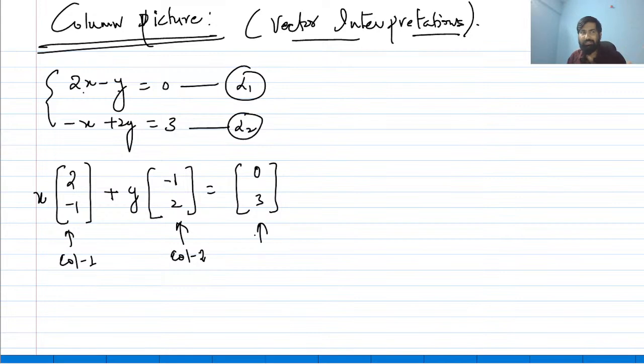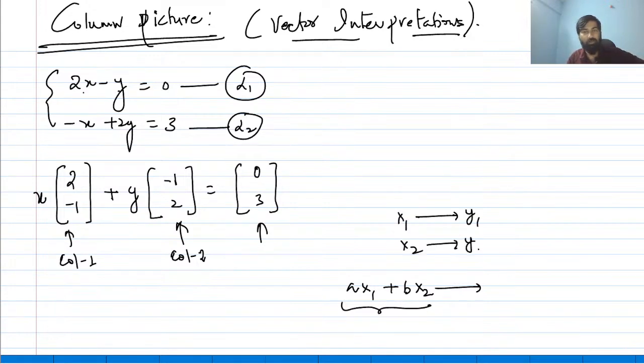So you know that if you take scalar constants, a multiplied with x1, b multiplied with x2, what is the meaning of this? Can somebody tell me what this is? In signals and systems you might have seen, if for one system, x1 gives output y1 and x2 gives output y2, multiplied by scalar constants, a times x1 plus b times x2, you will get a times y1 plus b times y2.